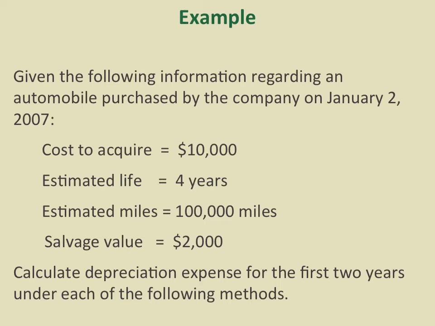Estimated miles 100,000 miles during the whole life of this car, which means that they expect this car could be driven by 100,000 miles totally. Salvage value $2,000 after the 4th year. And we're going to calculate depreciation expense for the first 2 years under those 4 different depreciation methods.